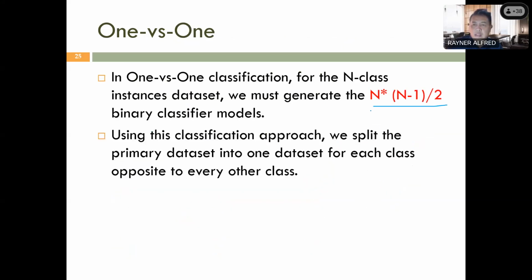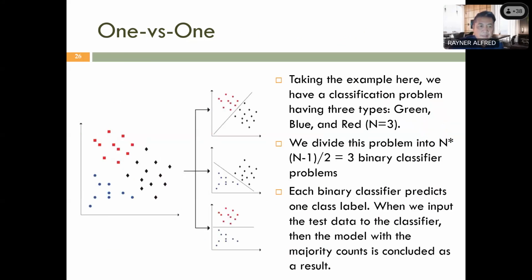So if we use this formula, this is 4 times 3 divided by 2. So basically we need 6, right? So how do we get this 6? Okay, let's do this one. For example, like this. This is 1 versus 1. So n is 3.